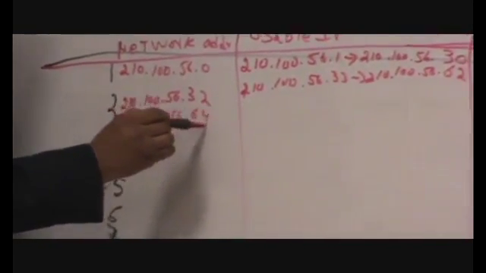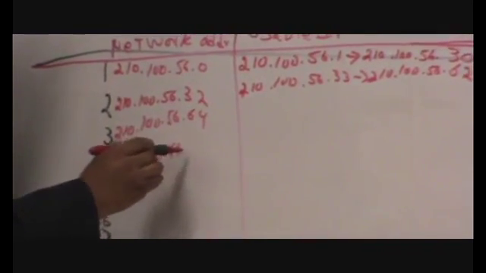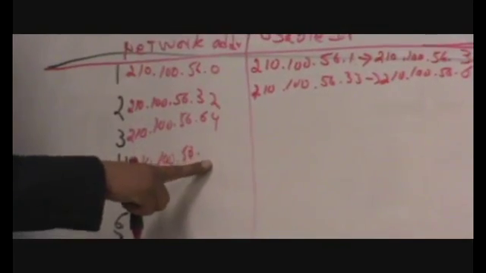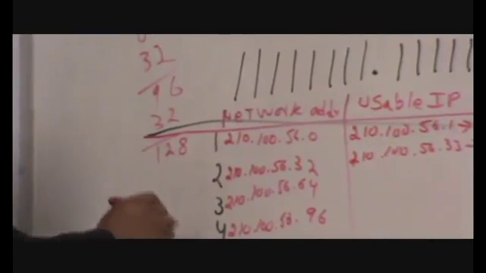210.100.56.63, and my following network is going to be 210.100.56.64, right? And I can continue to do these numbers. Notice how these numbers go in multiples of 32: 0, 32, 64. So I can write this number down here, 210.100.56.64, plus 32 is 96. 96 plus 32 is 128, right?